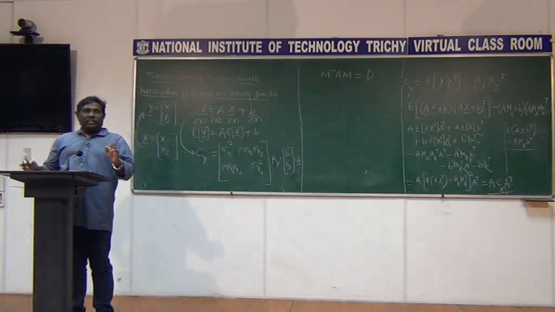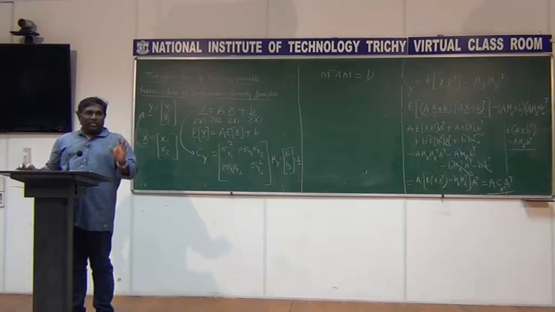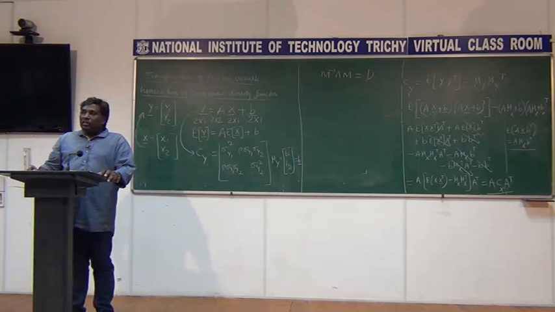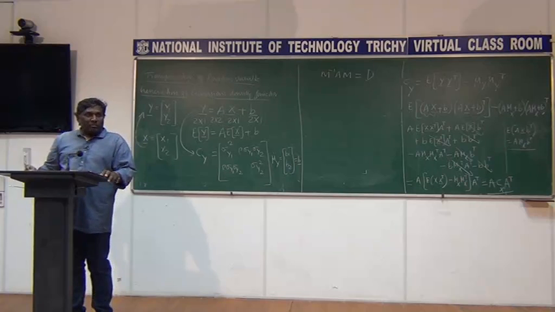If the matrix A is diagonalizable, then there exists an invertible matrix M, and M inverse A M becomes D, the diagonal matrix.